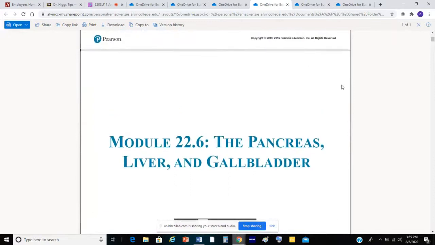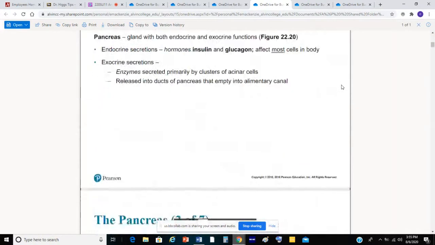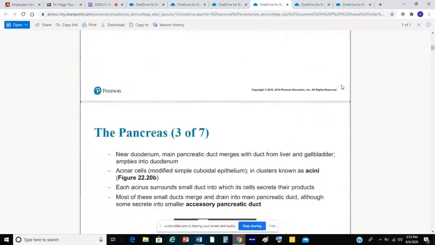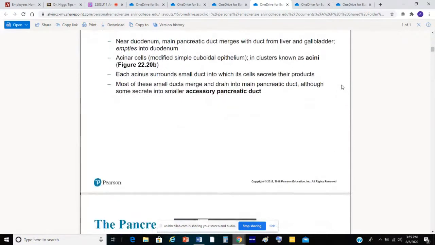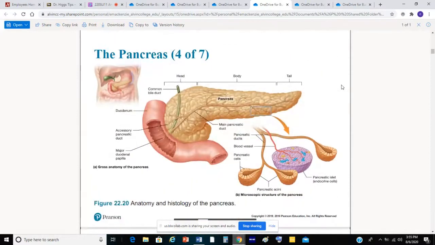Draining the pancreas is your main pancreatic duct. Your main pancreatic duct will combine with the bile duct at your duodenal ampulla to release the product. Sorry, I was looking for this picture. So your common bile duct will merge with your main pancreatic duct to get released into the duodenum, via an ampulla and your major duodenal papilla.